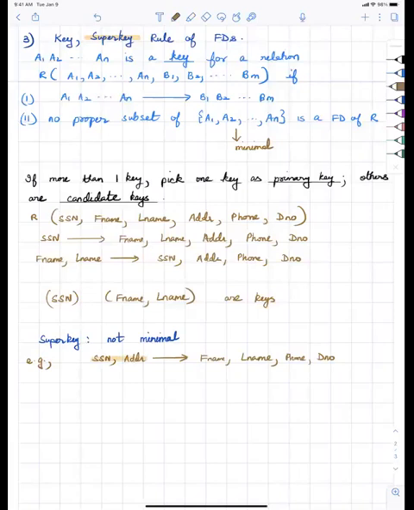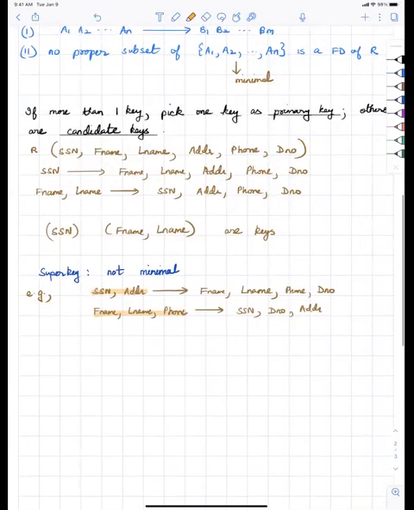If I wrote down, like I said, first name, last name, phone, that'll also determine everything else on the right side. So these are both super keys. So that's all that a super key is. So a formal definition of a super key is just a set of attributes that contains the key.